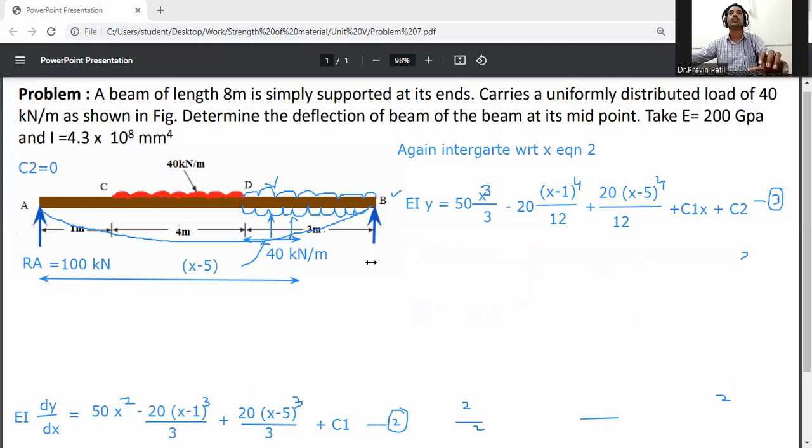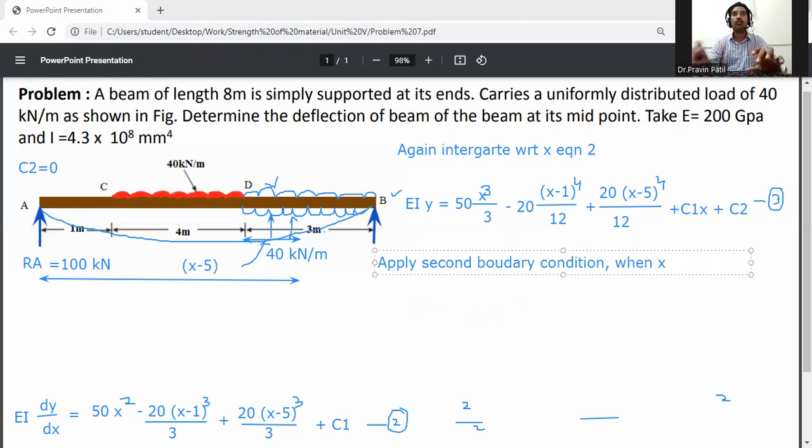Apply second boundary condition: when x is equal to 8 meter, then y is equal to 0.